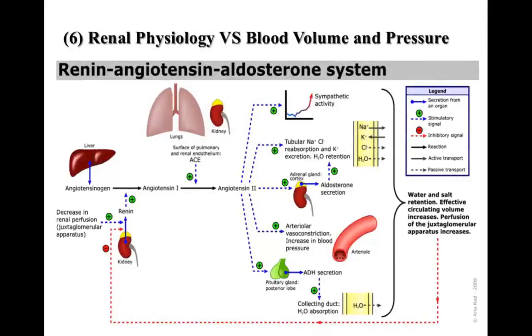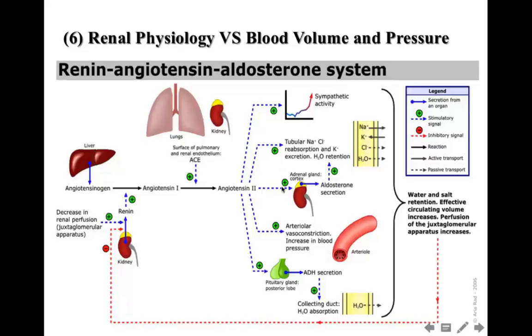Renin will circulate in the body to activate the inactive precursor angiotensinogen to angiotensin 1. Then a very interesting enzyme called angiotensin converting enzyme will activate angiotensin 1 to angiotensin 2, causing vasoconstriction of all arterial blood vessels in the body. Now, angiotensin 2 will increase the arterial blood pressure in three different ways.